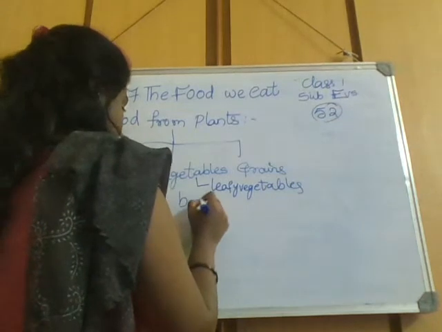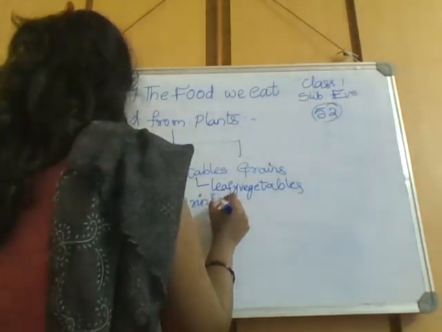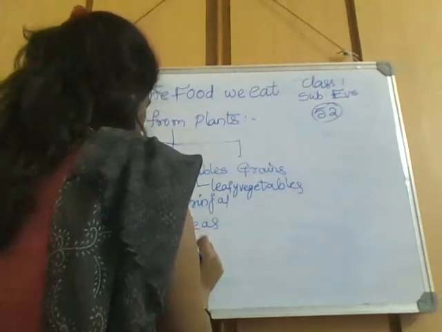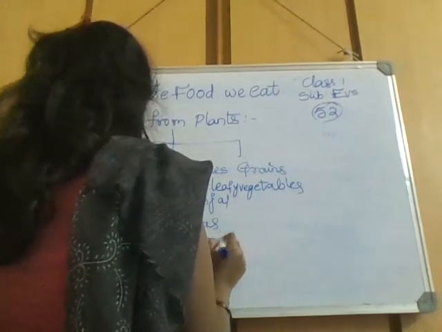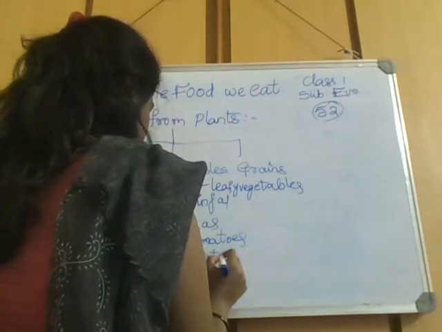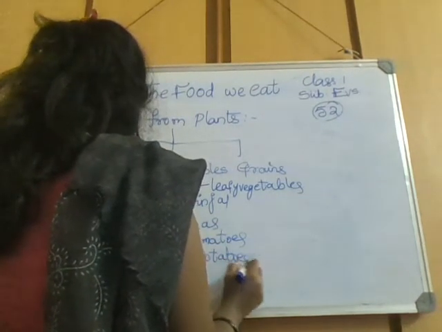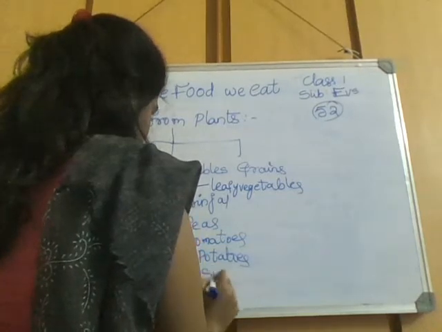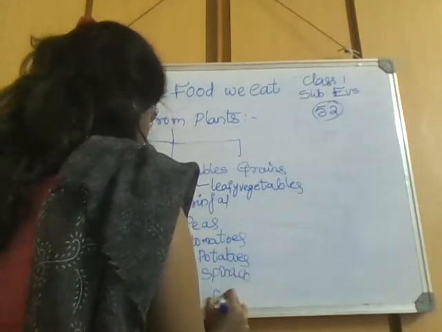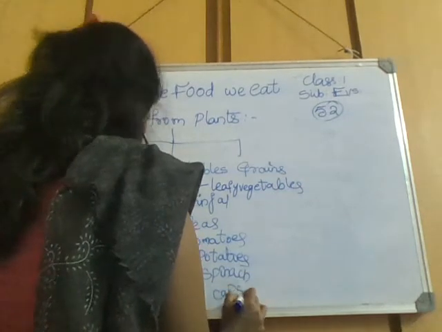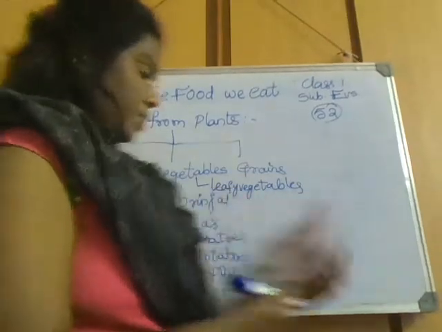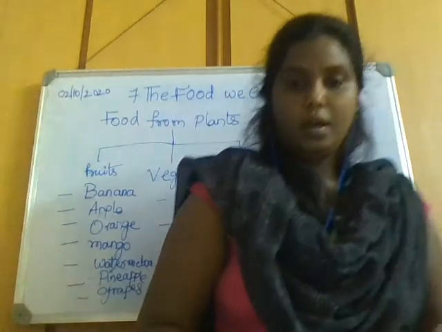Brinjal, peas, tomatoes, potatoes, spinach. Spinach is a leafy vegetable, and capsicum, etc. That means some more. These are some of the examples for vegetables.